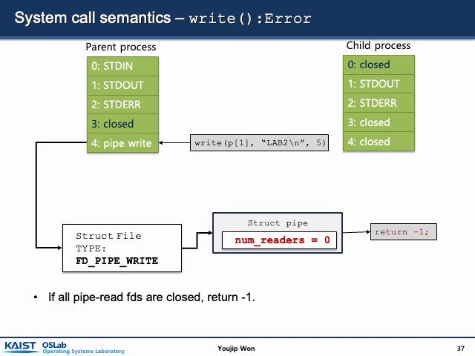Assume that one process is writing on a certain pipe, but there is no process reading from that pipe. This means that all pipe read file descriptors are closed. In this case, the write system call on the pipe should return -1.